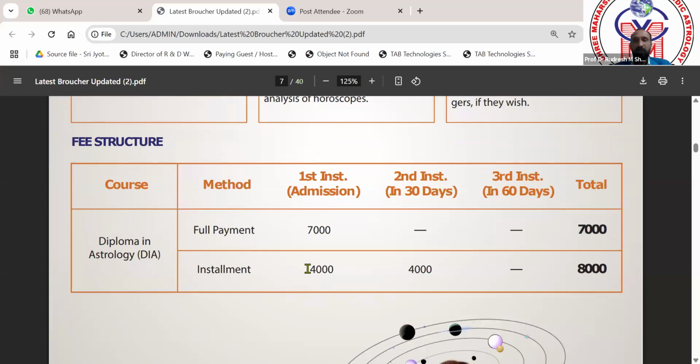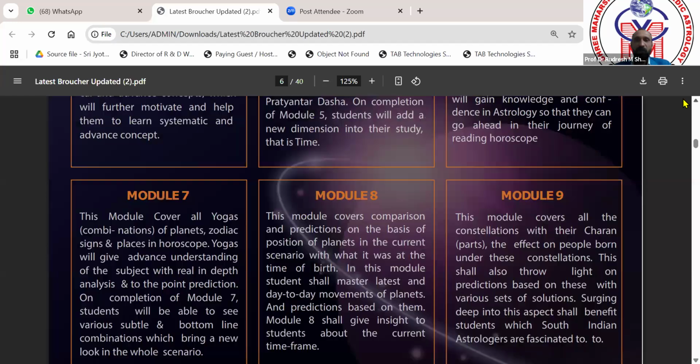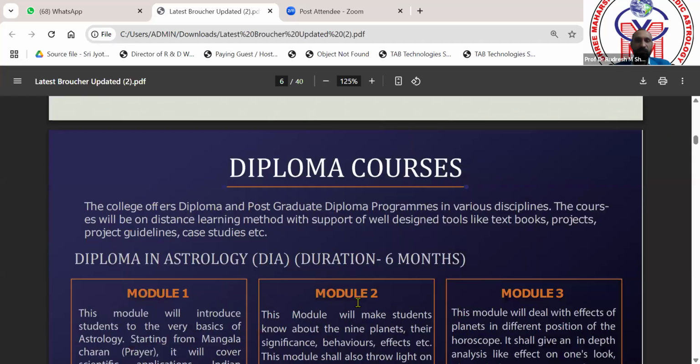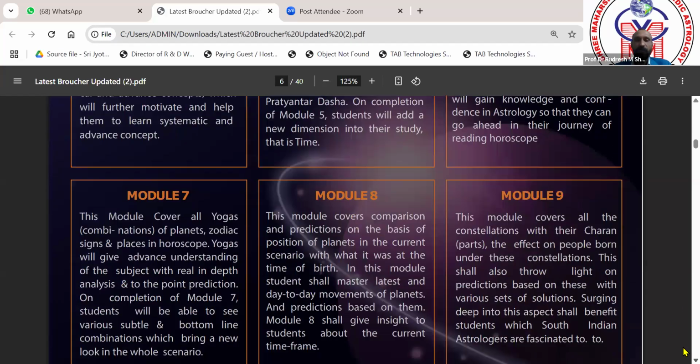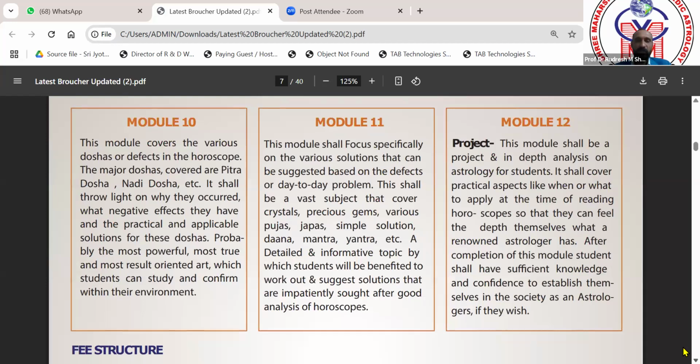And if you pay in installments, then you have two installments, that is 4,000 plus 4,000. So this course is the diploma in Vedic astrology, right? The duration of this course is 6 months, and the classes will be conducted for 1.5 months, where you will be learning all these 12 modules with the practice and the doubt sessions as well.